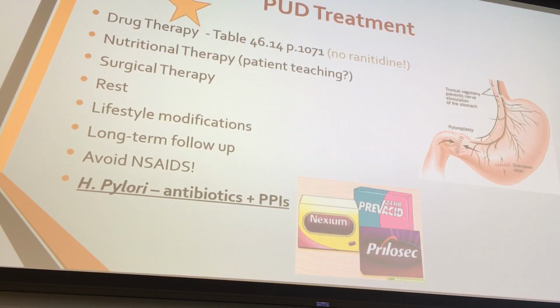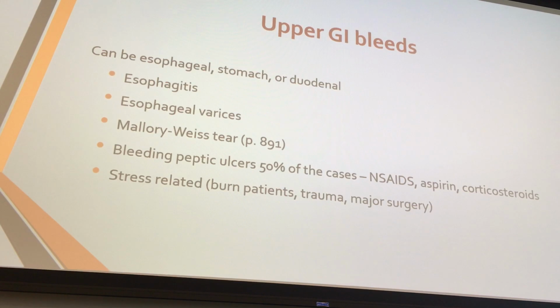Does everybody understand that this infection causes peptic ulcer disease? Okay. So upper GI bleeds, we're going to take a break here in just a hot second. Mallory-Weiss, it's kind of an unusual thing that happens. Anybody know what that is?